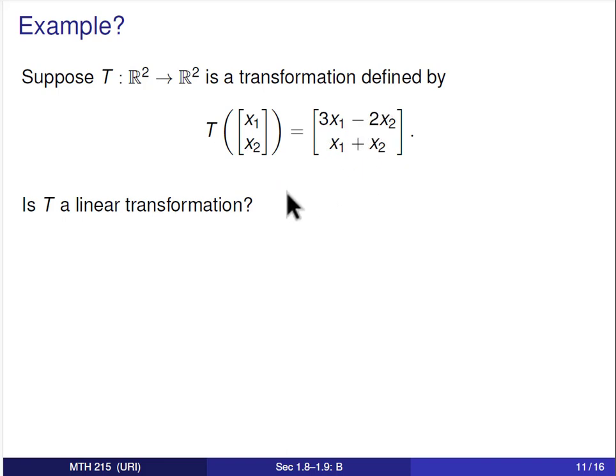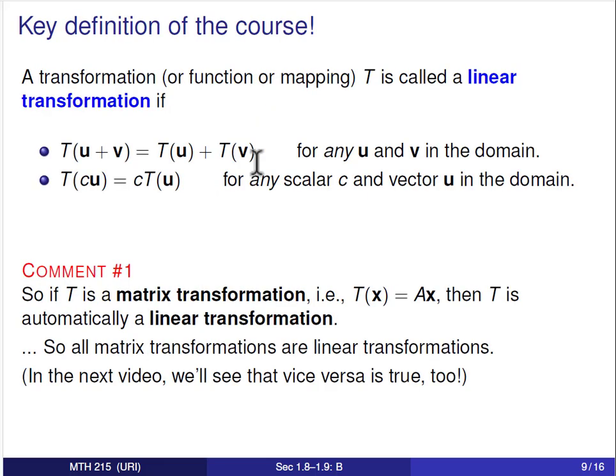And we want to know, is this function a linear transformation? Well, how do we decide that? What we need to do is think about the definition. Our definition of linear transformation requires that T satisfies these two rules.